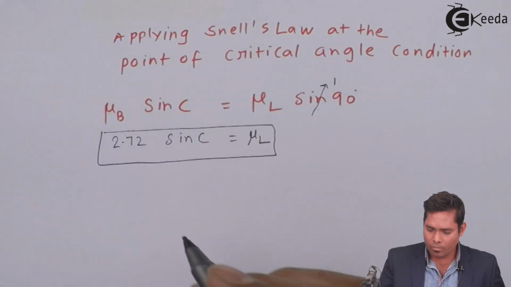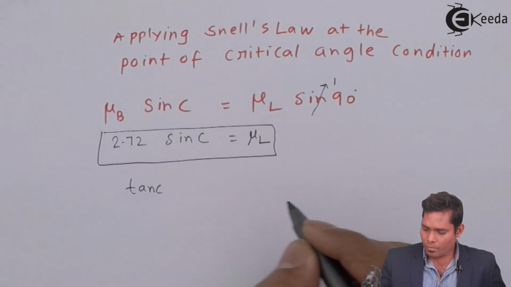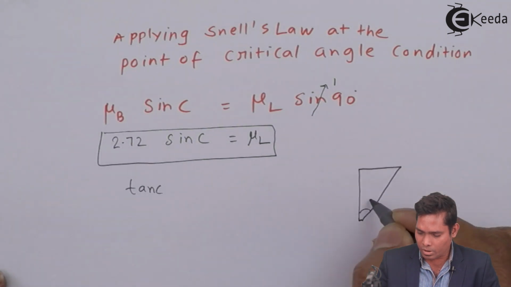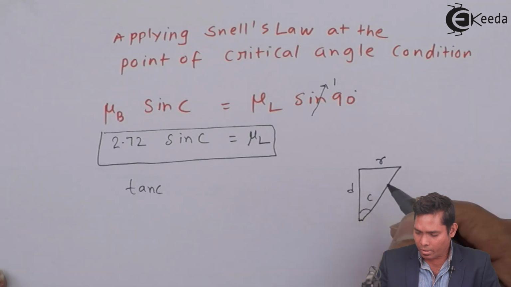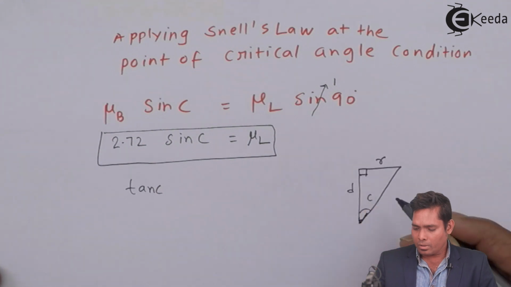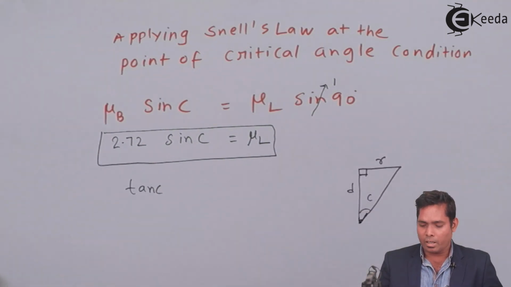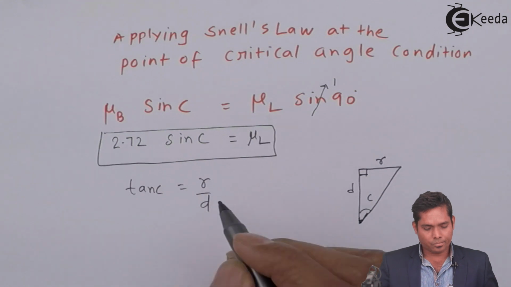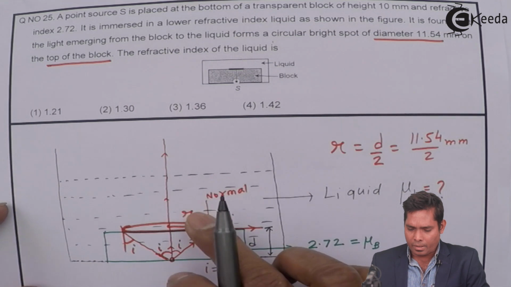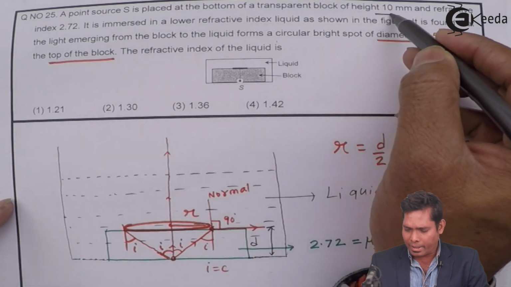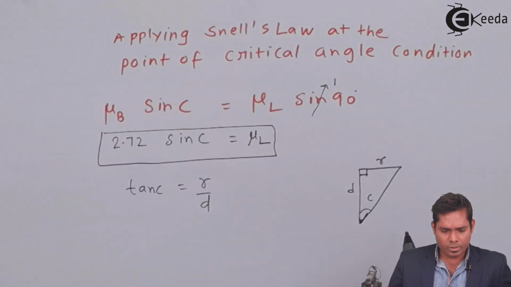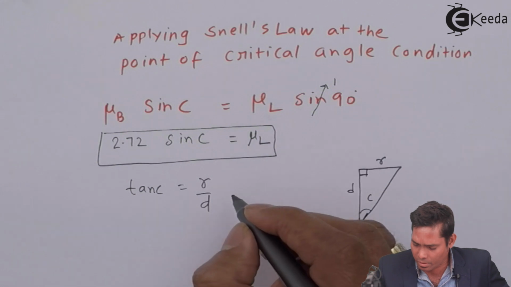Tan C from this triangle, this is your C or I, this is your R, this is your D. So from here this is 90. So tan C is this side, R over D. Now D and R are given. D is the height, which is 10 mm, and R is the radius.